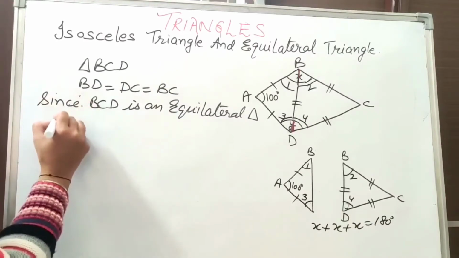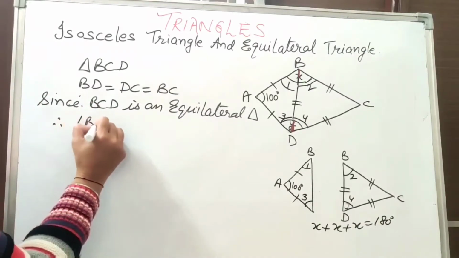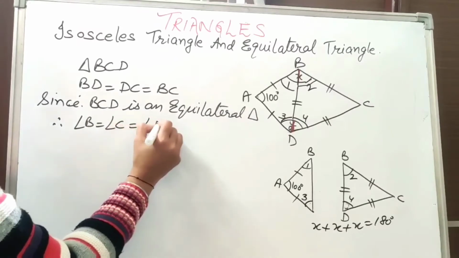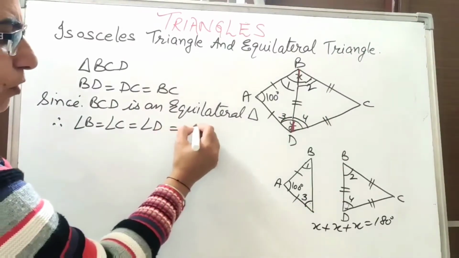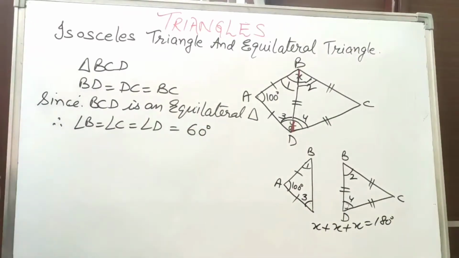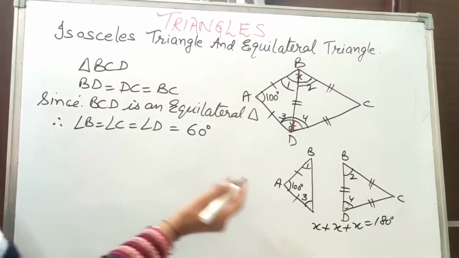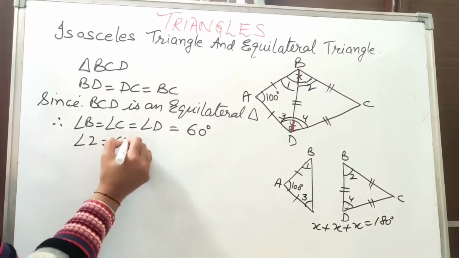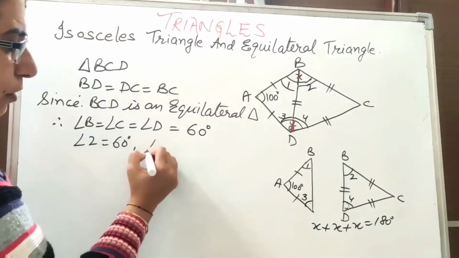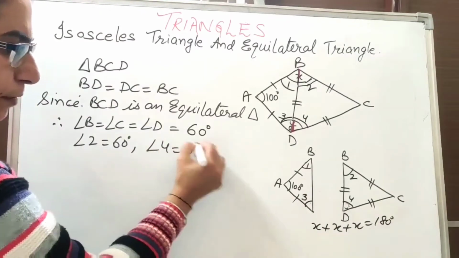So therefore angle B is equal to angle C is equal to angle D. I am talking about this triangle BCD, each angle is of 60 degree. So angle 2 is 60 degree. Angle 4 is also 60 degree.